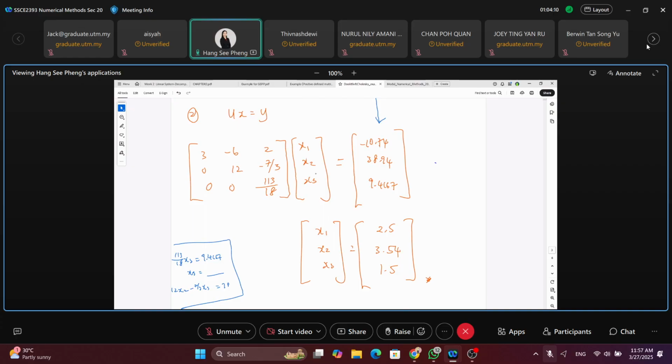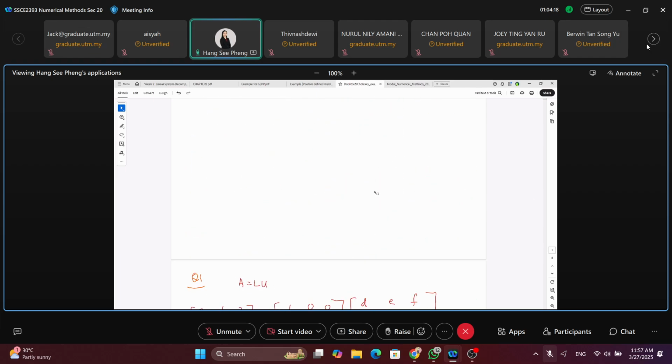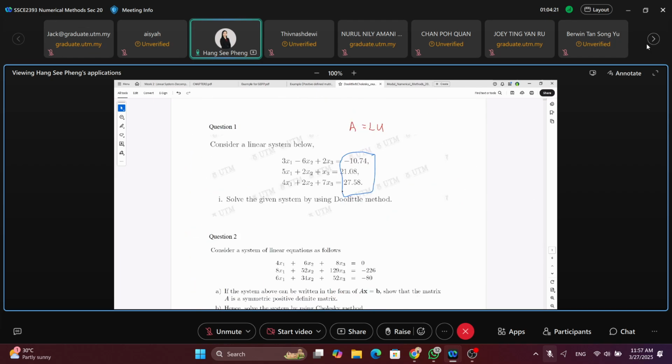So now we solve for the x1, x2, and x3. You get this set of values. If you are not sure whether it's correct or not, you can substitute this answer back into the system. You put in x1 2.5, x2 3.54, and x3 1.5 and see whether it's approximately equal to minus 10.74.